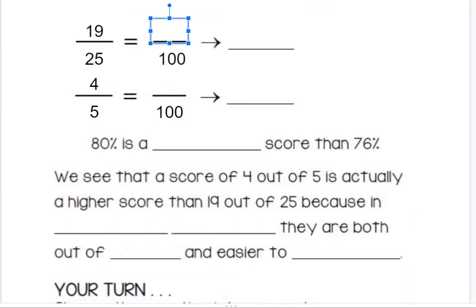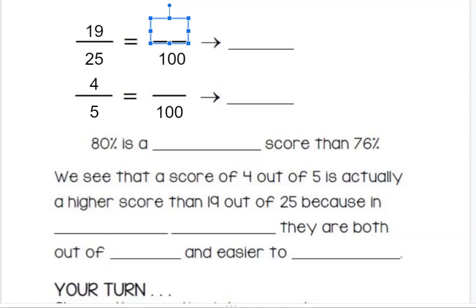There are lots of ways we can do that. We could look at them as if they were equivalent fractions and see if there's a friendly relationship. Is there something times 25 that will equal 100? There is. We could just multiply by 4 and then do 19 times 4, and that would give us that top number.